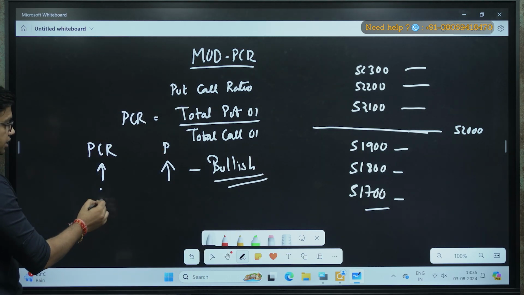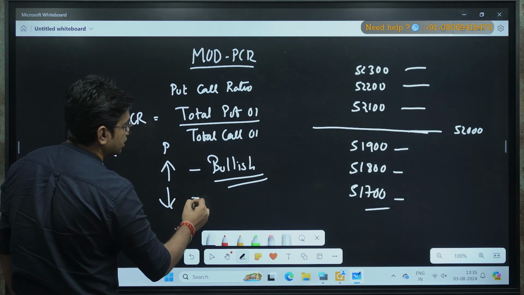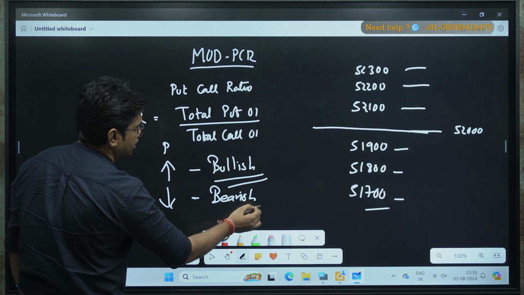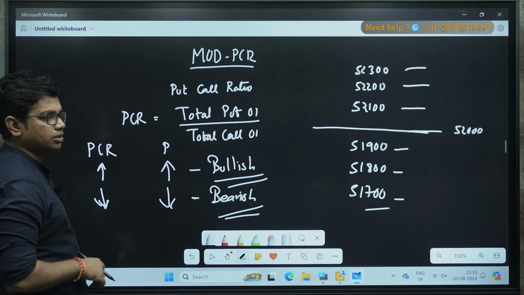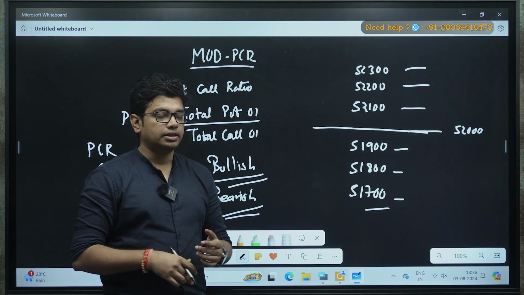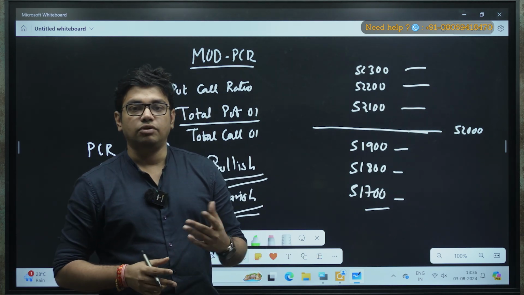Similarly, if PCR is going down along with the price, I can say the market is bearish. People have a general conception that if PCR is around 0.7, 0.8, 0.9, then I should go for a buying position, and if above 1, I will go for a sell position.